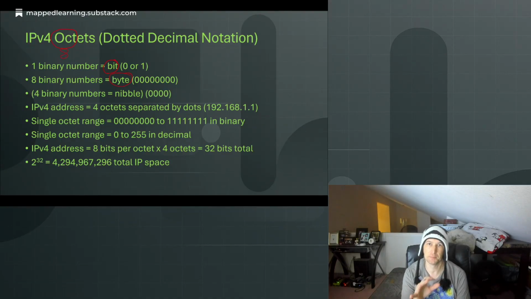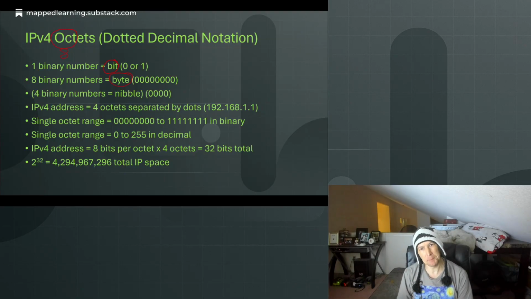It's not exact. With those big numbers, we're dealing with estimates. We'll get into the minutia of that later on. But for now, one binary number is a bit, and 8 of them put together is a byte. And just for little trivia, 4 binary bits put together is known as a nibble, not a full byte. That's a little bit of assembly language joking if you're not familiar with programming.